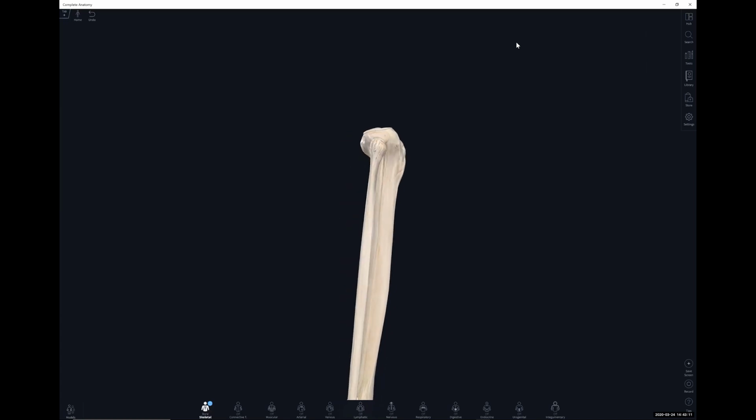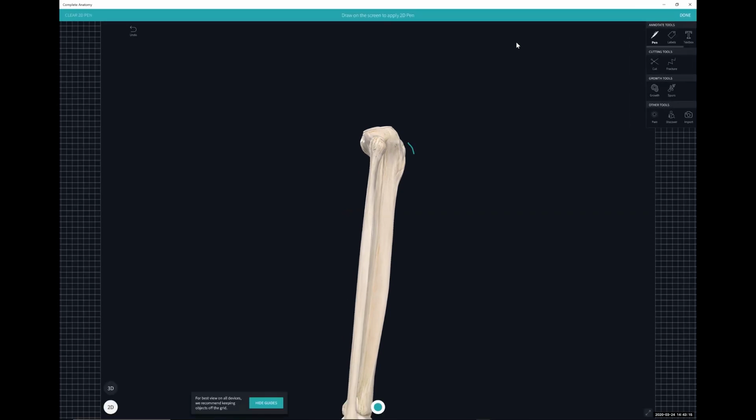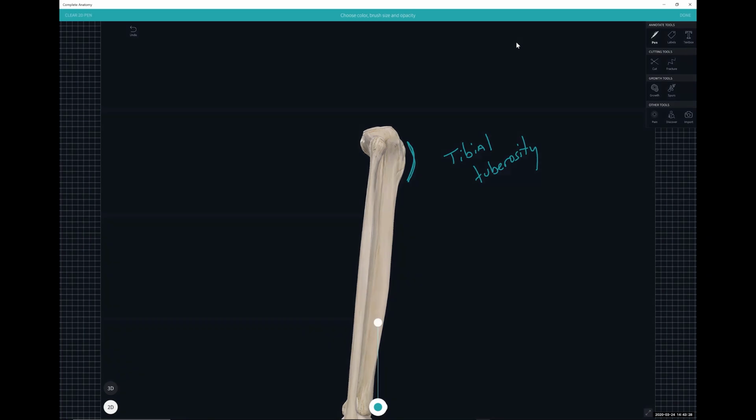Now, we see this huge outcropping of bone right here. That's my tibial tuberosity. Now, my tibial tuberosity, that's where my patellar tendon inserts.